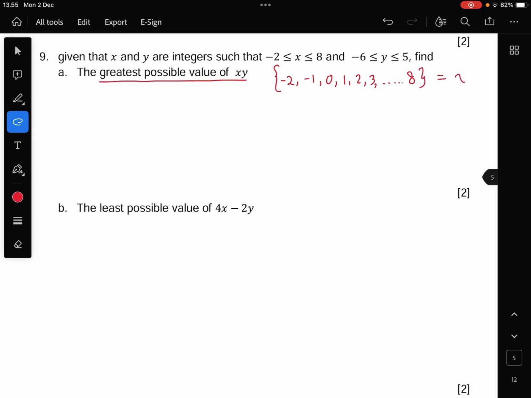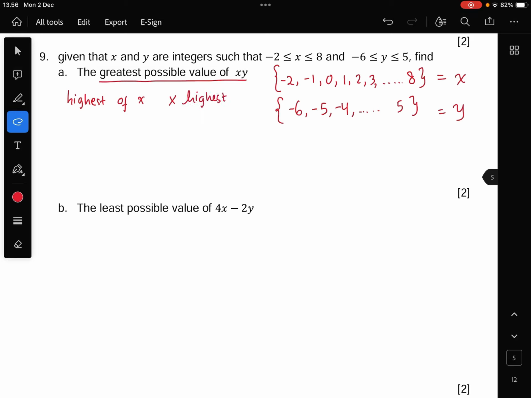This one is going to be your x, right? The other one is y. So we are going to have negative 6, negative 5, negative 4, and continue until 5. If you need to find the greatest possible value of x multiplied by y, you have to find the highest of x multiplied with the highest of y.